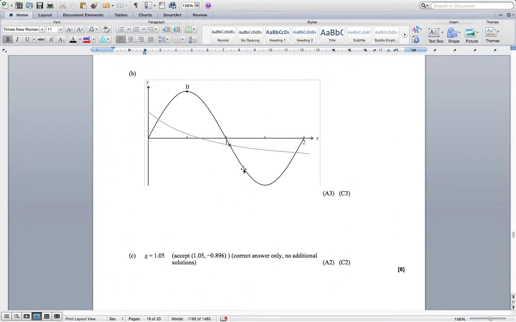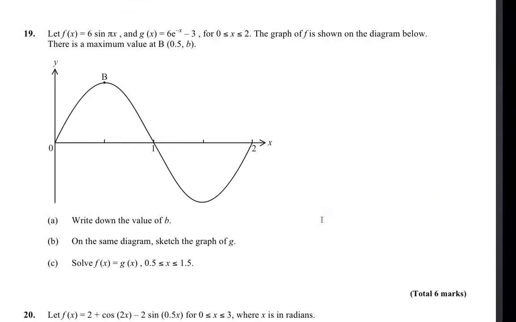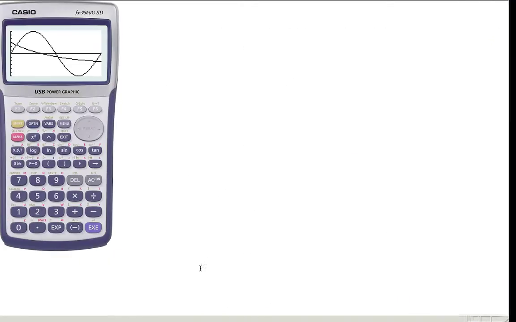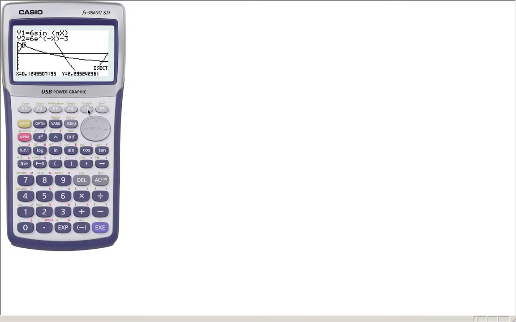Okay, so they have this as the graph of g, and solve f of x equal to g of x between 0.5 and 1.5. So G-Solve intersect. One value is 0.12. No, that is not in the given domain. 1.047, so 1.05.